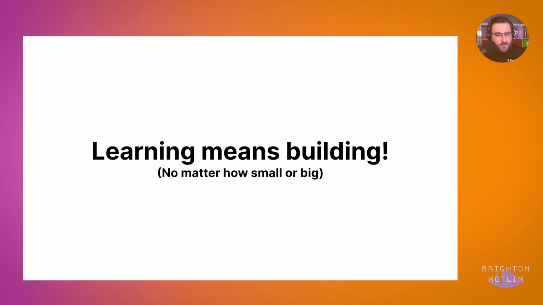So I personally believe that the best way to learn anything, honestly, including Compose for Desktop, is to build something. So I want to give you the tools on how you can build something yourself.